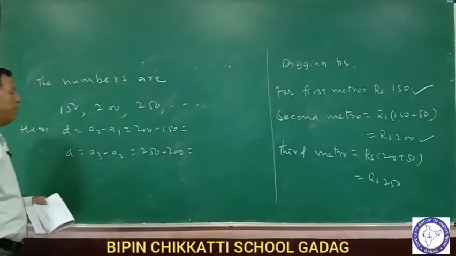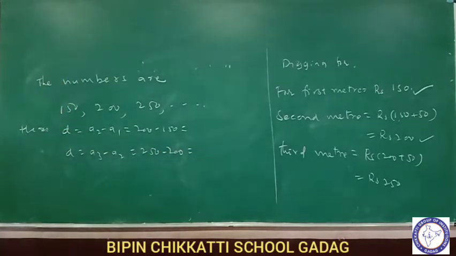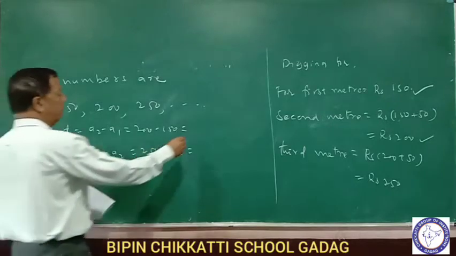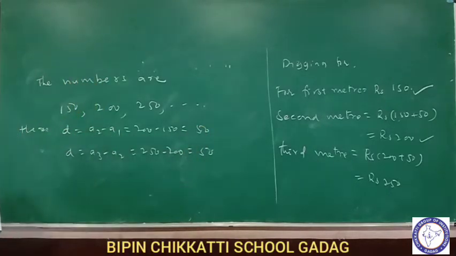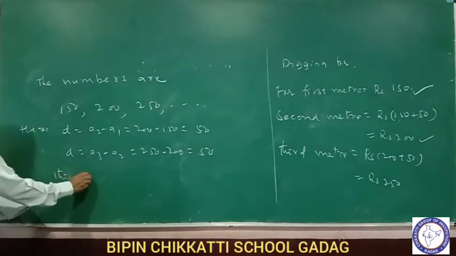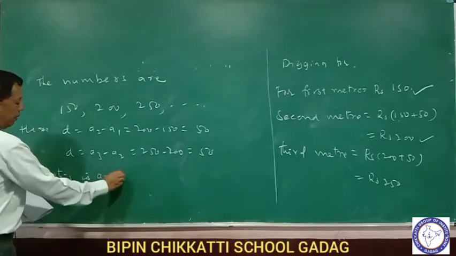Whether it is same or not, you will get that here is also 50 and here is also 50. So the common difference is same. When the common difference is same, this is an AP.